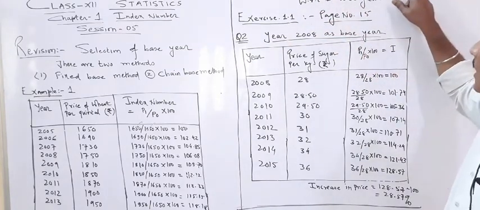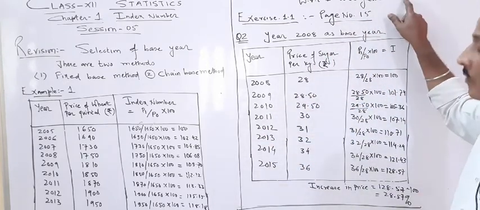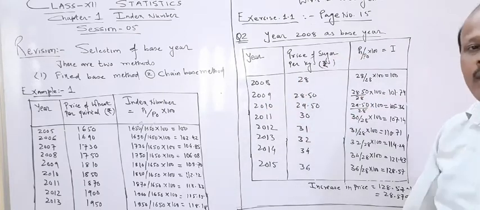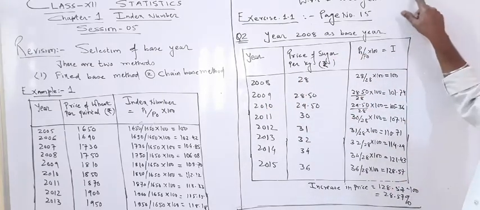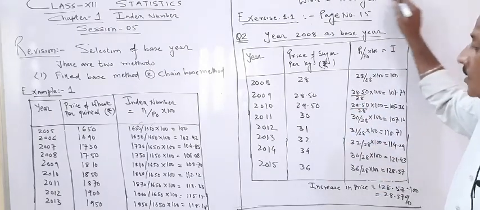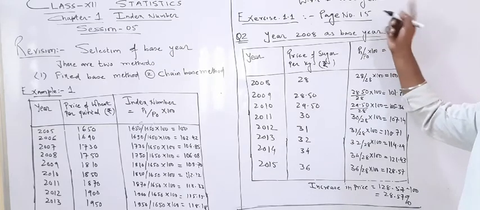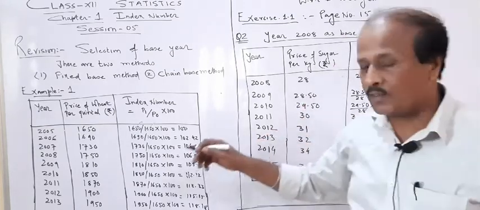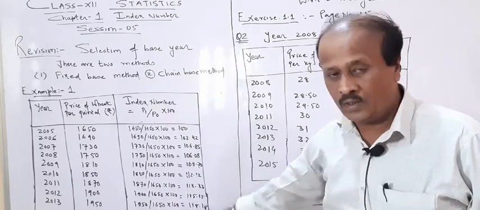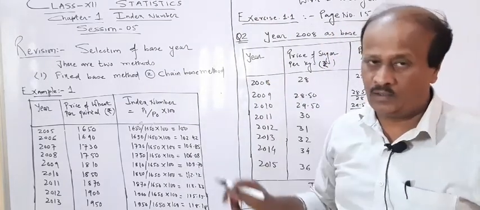How much is it? 118.18 minus 100. Since we are doing it with respect to 100, it will be 18.18%. This answer we always expect when we are checking the paper. So don't forget to write the final answer. Many times I have seen students leave off up to here only. But at least in a conclusion, write this if they are asking for it.